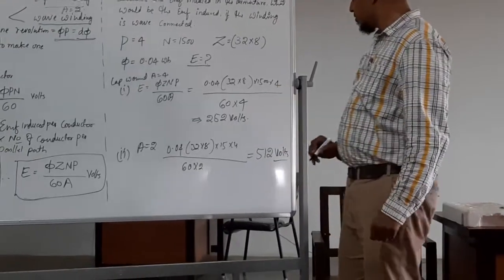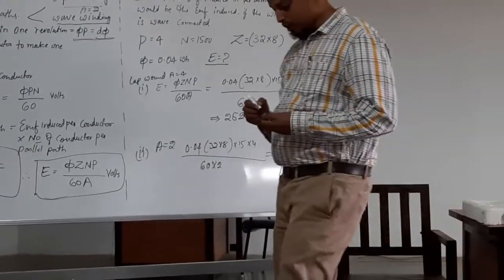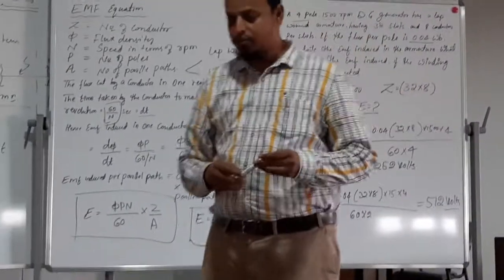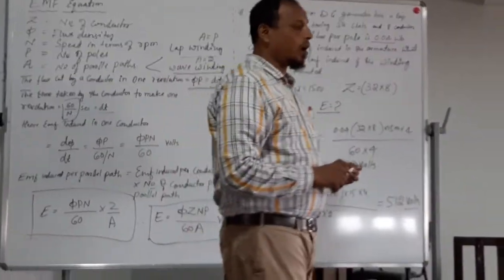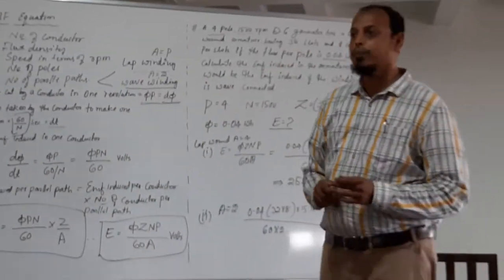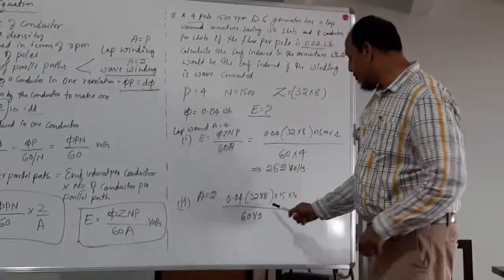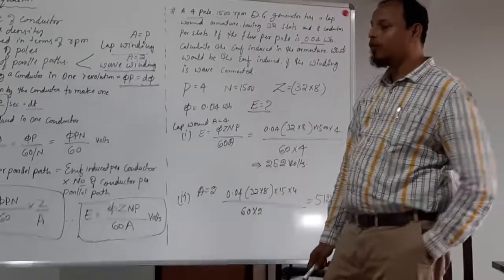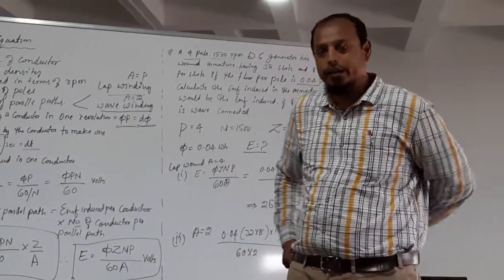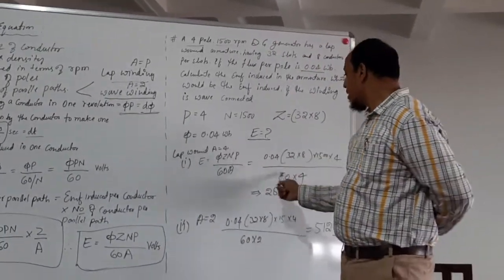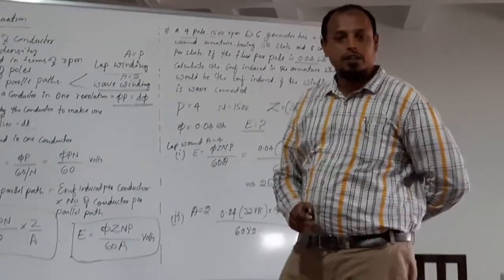So from this, what we conclude here is that for large machines and for high voltage and high current applications, we need wave winding type of machines, and for small voltages and small currents, we need lap wound type of DC machines.